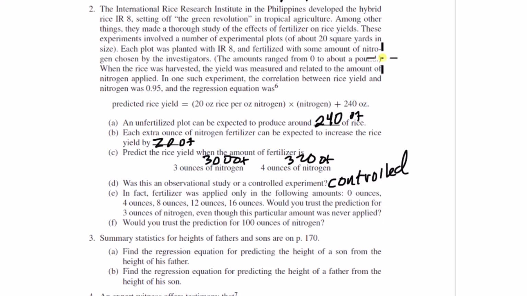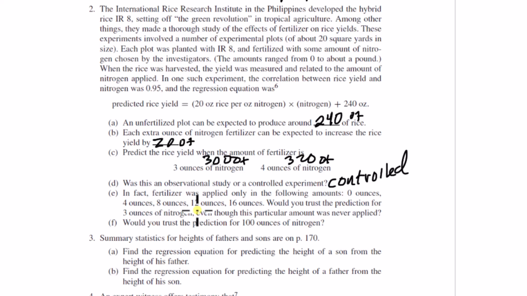I mean, it doesn't sound like that extensive of an experiment, but I think what they're asking here is, let's say you had some fully controlled experiment with a lot of data points, but you still can't actually apply every single input that's possible. Usually you can't, right? Like you could do 1 ounce, 2 ounces, 3 ounces, 4 ounces, but what about 3.5 ounces, 3.25 ounces?